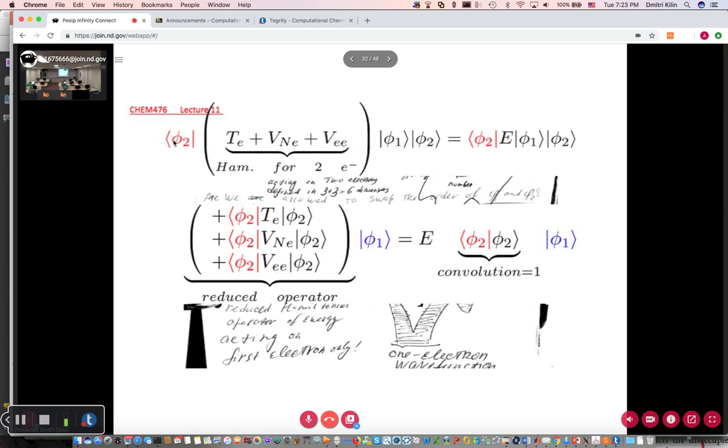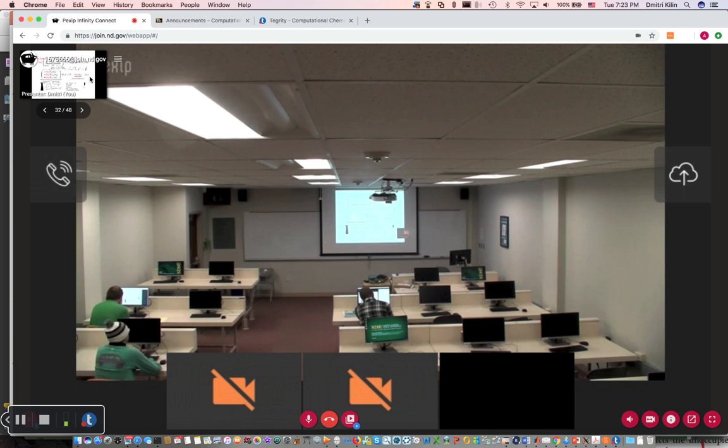So now suppose that you see a movie like this: phi sub 2 bra appears from the left to both sides of the equation. If you do see such construction, it means, you know, the bra and ket means integration over a variable which is inside them. Like if it is 2, it is integration over R2.